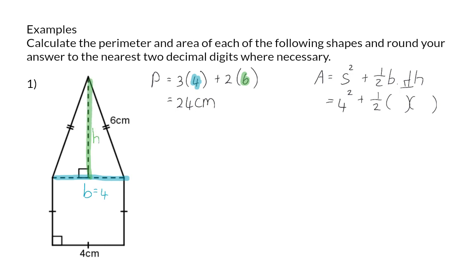We can determine this height by using the theorem of Pythagoras. We know that the angle is 90 degrees and therefore we have a right-angled triangle and we can calculate the perpendicular height. In this triangle, we know that the hypotenuse is 6 centimeters and that one of the shorter sides is 2 centimeters.